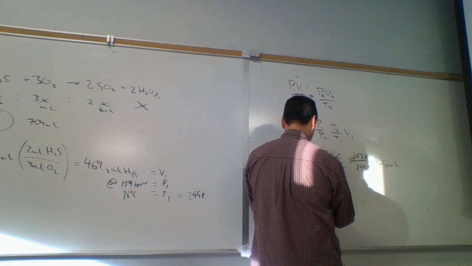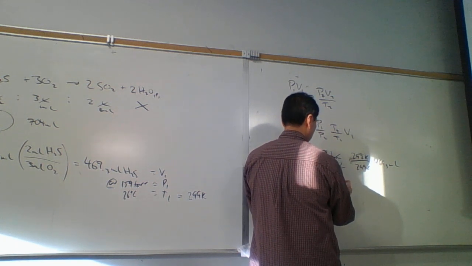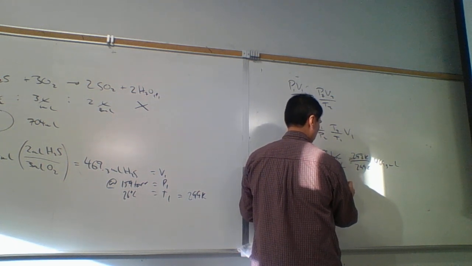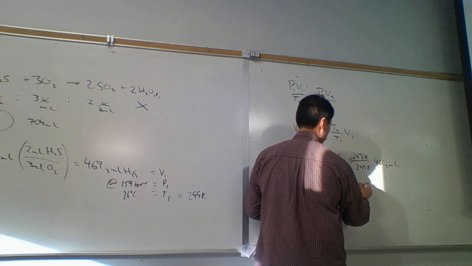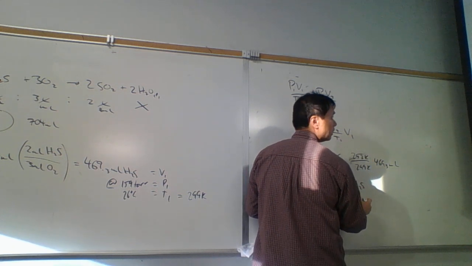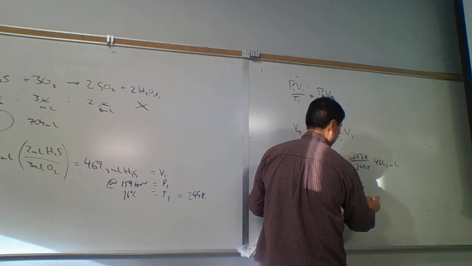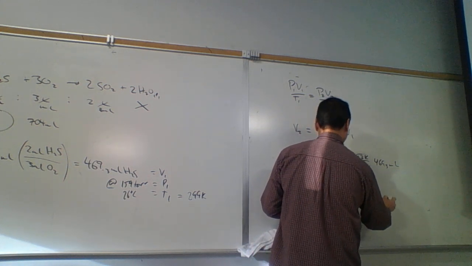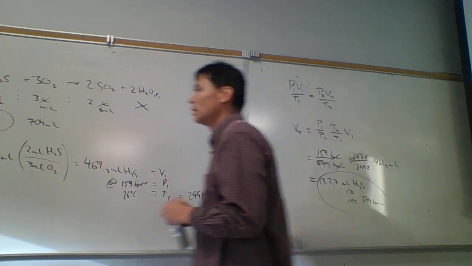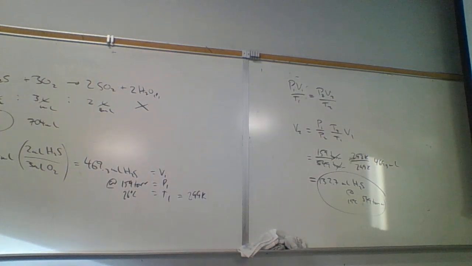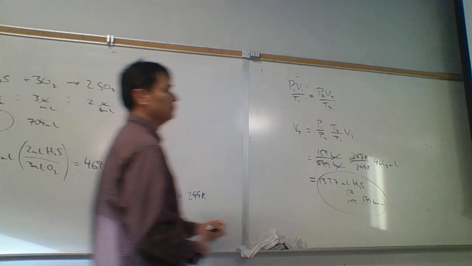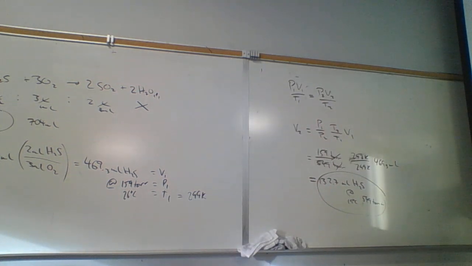Comes out to 132.7 milliliters of H2S at 19 degrees C and 549 torr. We're allowed 3 sig figs, so we would get 133 milliliters of H2S.